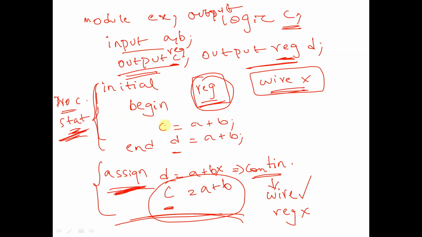But we cannot use C in both the statements at a time, it will throw an unknown value. We can use C either in procedural statements or continuous assignment statements if we declare C as a logic data type. So this is the use case of the logic data type.